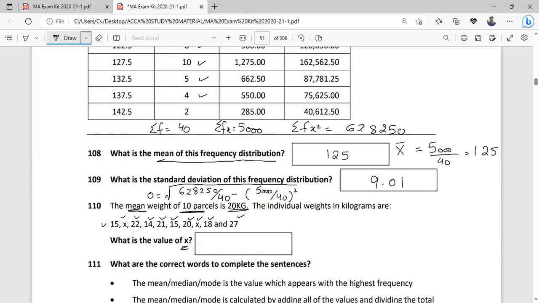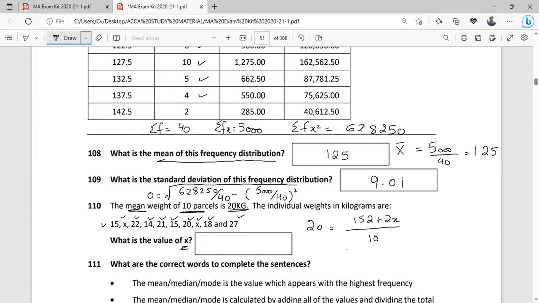2 are missing. So mean weight 20 is equal to the sum divided by the number of parcels, 10, and then we add up all these values: 15 plus 22 plus 14 plus 21, then add 15, then add 20, then add 18, and then add 27. So its sum is 152 plus 2x.